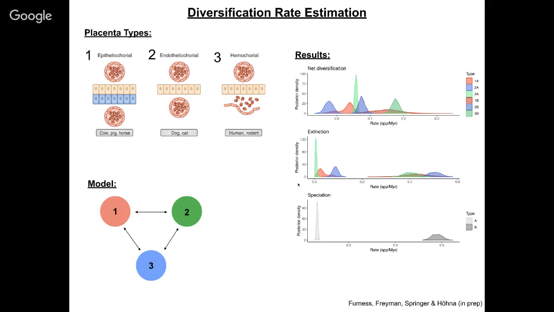But we see that the hemichorial, the most invasive placenta type, is still correlated with a higher net diversification rate. We also see in the last plot on the right side that background rates A and B show there are some other characters for placental mammals that have a much bigger effect. So our placenta types might give a very nice and cute story, saying they are actually important for diversification, but probably not the most important one.